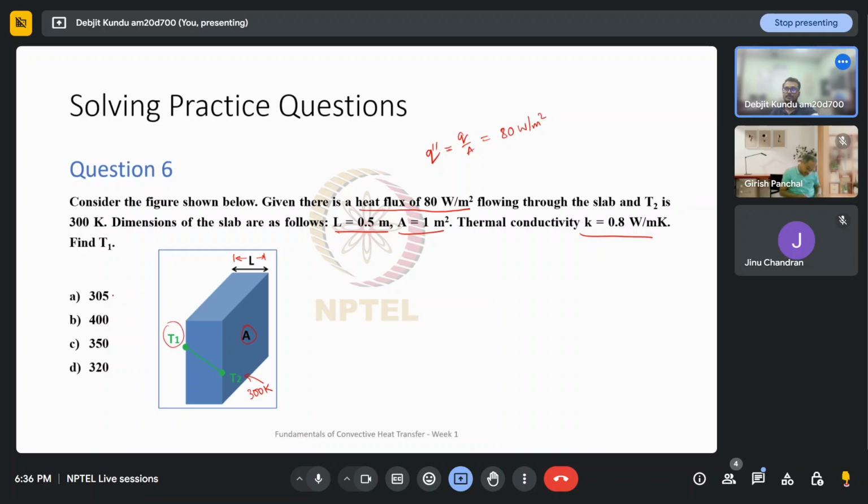Should T1 be option A 305? These are all in Kelvin, by the way. 305 Kelvin, 400 Kelvin, 350 Kelvin, or 320 Kelvin.